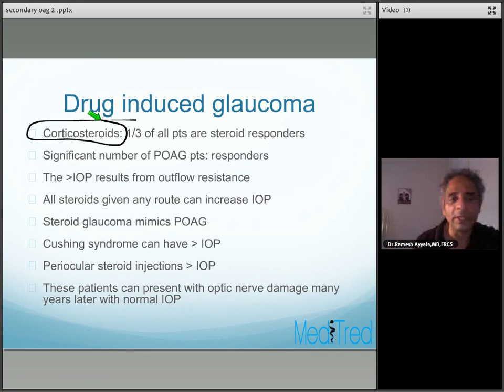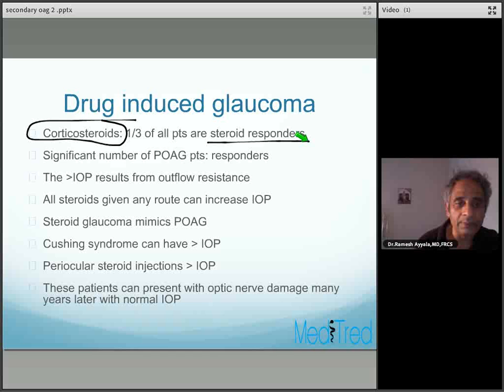And you have to be aware that a third of the population are what we call steroid responders, in regards to their response to elevated intraocular pressure when they are put on steroids. A significant number of primary open-angle glaucoma patients are steroid responders. The increase in the intraocular pressure results from outflow resistance.